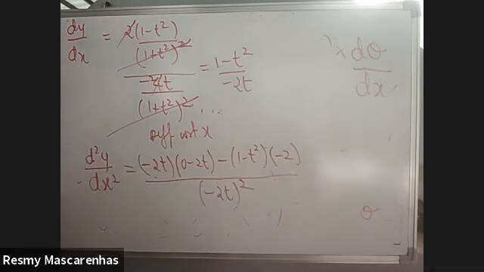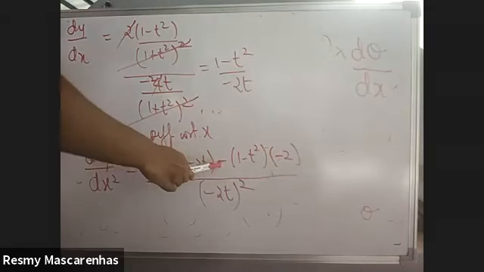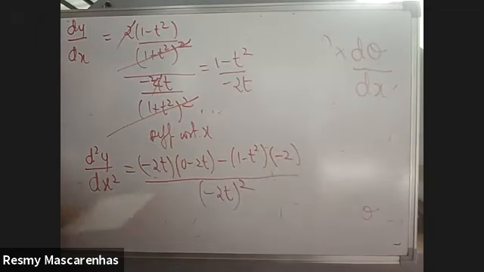Upon v square. And then open up the bracket, simplify and put t is equal to 2. Because in the question it has been asked find d square y upon dx square at t is equal to 2. Minus into minus will become plus.